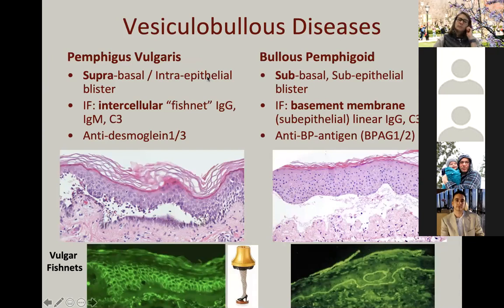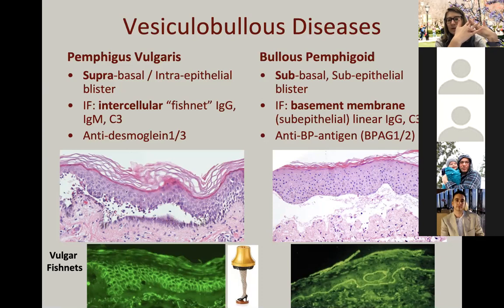So depending on where the blister originates, either within the epithelium, so intraepithelial or suprabasal, meaning above the basal layer, or subbasal, subepithelial, below the basal layer, these are two different diagnoses. The intraepithelial blisters happen in pemphigus vulgaris, the subbasal in bullous pemphigoid, and we see differential deposition on immunofluorescence.